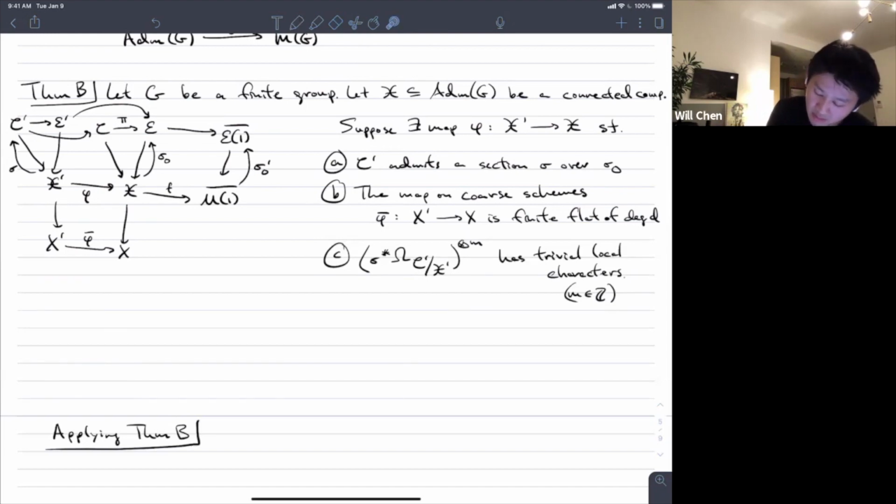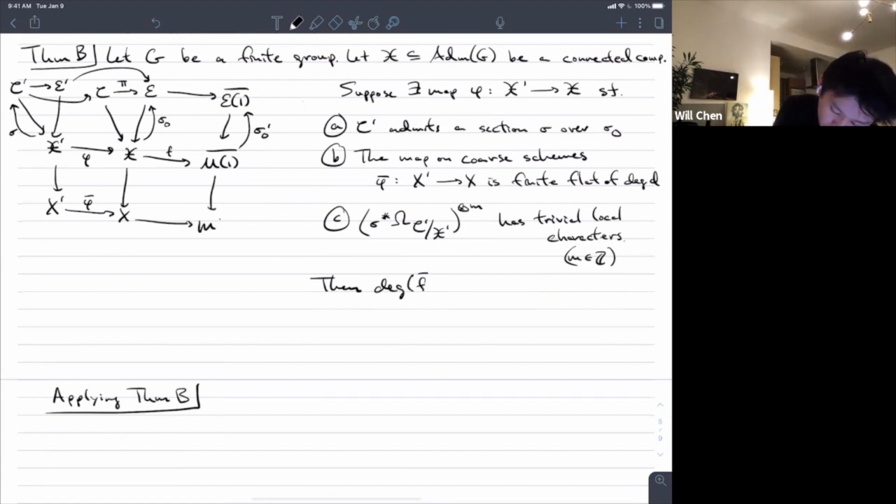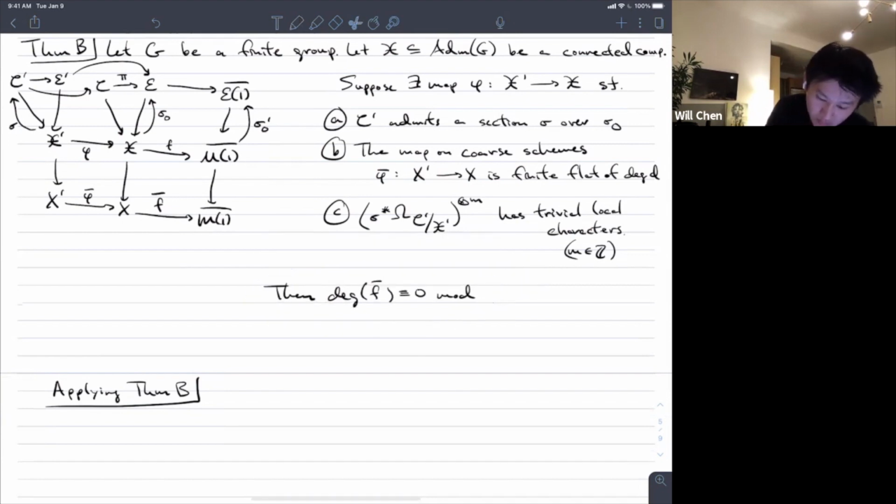And so the statement is, if the restricted cotangent sheaf of this base change, when you tensor with some integer m, has trivial local characters, then the degree of f bar, where f bar is the map induced on core schemes, is congruent to 0 mod 12e.